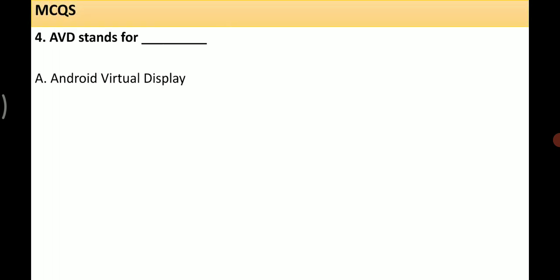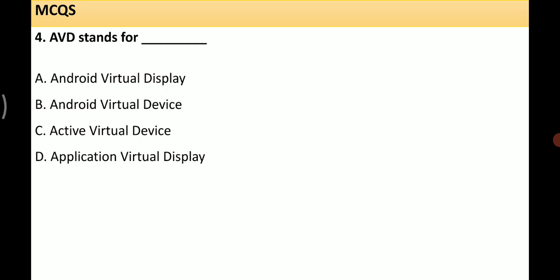Fourth question: AVD stands for? Option 1, Android Virtual Display. Option 2, Android Virtual Device. Option 3, Active Virtual Device. Option 4, Application Virtual Display. The correct answer is Android Virtual Device. So AVD stands for Android Virtual Device.